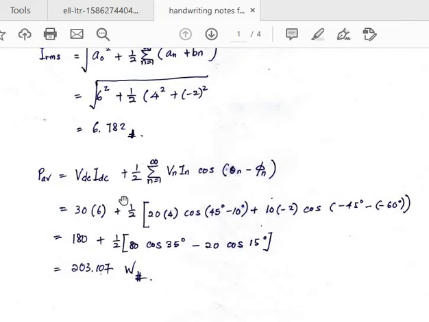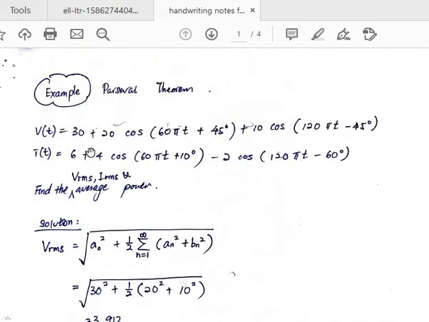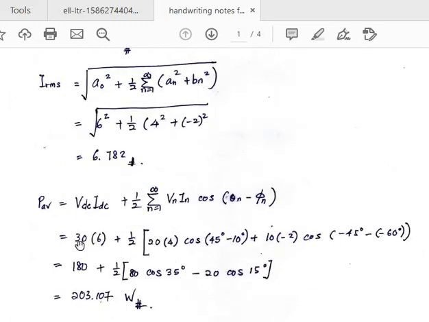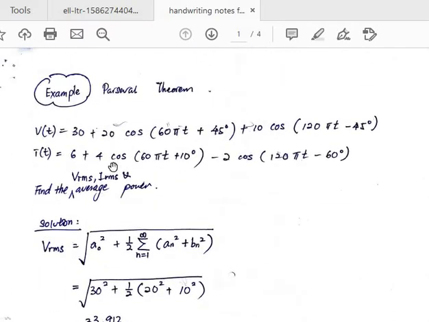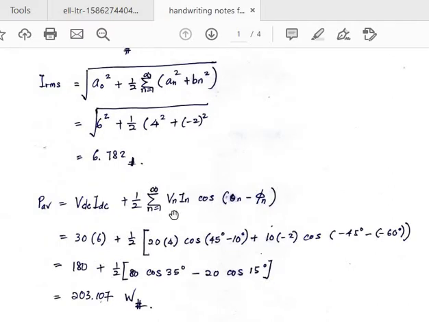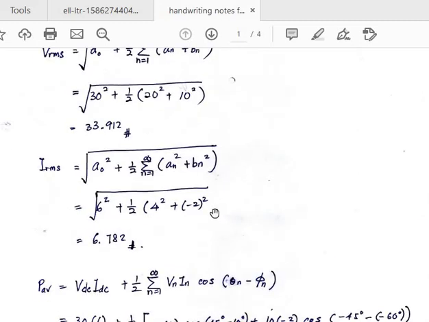So for DC, V DC and I DC are 30 and 6, so 30 times 6, plus half of Vn In, which are 20 and 4, times cos of 45 minus 10.